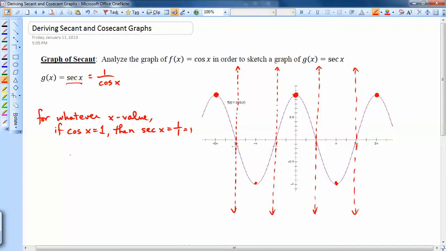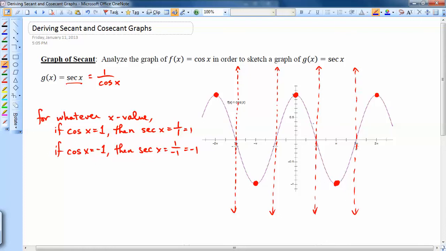And for whatever x value, if cosine of x is negative 1, then secant of x is 1 over that, so 1 over negative 1, which is also negative 1. So anywhere on this graph where the value is negative 1 for cosine, it's also going to be negative 1 for secant.